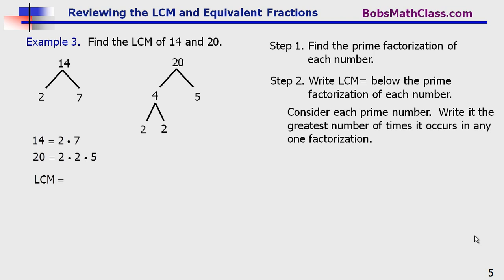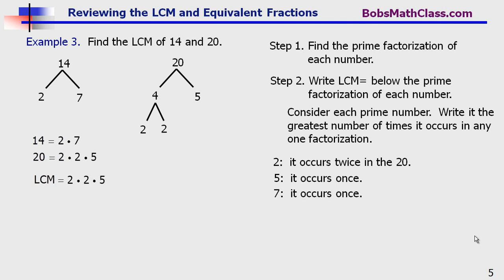The first row only once, but the second row twice. So we will have 2 2s. Next is the 5. What's the greatest number of times the 5 occurs? Once. And 7, once. We'll multiply that out, and that will be your LCM.